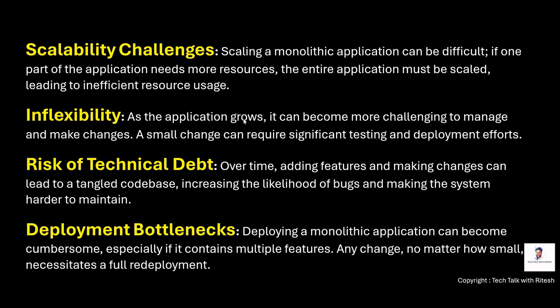We have already seen this in the example of building a house, right? Inflexibility. As the application grows, it can become more challenging to manage and make changes. A small change can require significant testing and deployment effort, because we are talking about just one code, one unit, and even if we are changing one small area of that code, we need to test the whole application, because there might be an impact on other areas too.